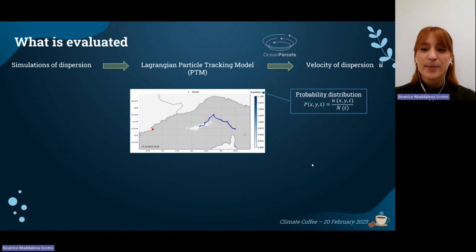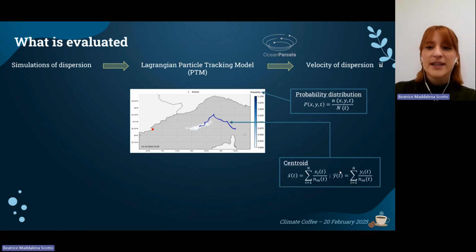Initially, we evaluated the probability distribution, which corresponds more to an experimental distribution in which the selected area is divided into a grid, and then the particles that pass through the grid in time are counted and divided by the total number of particles released at the initial instant. And this is really helpful to determine which area exhibits the higher concentration of particles.